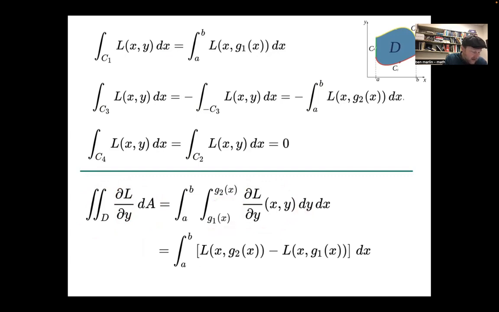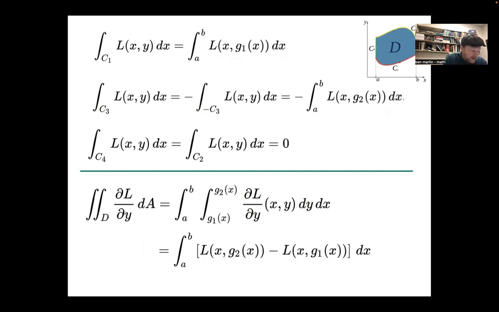And then when you integrate it from G1 to G2, because we're integrating with respect to y, that means that the derivative goes away and we just have L of G2 minus L of G1, which is the first one minus the second one.